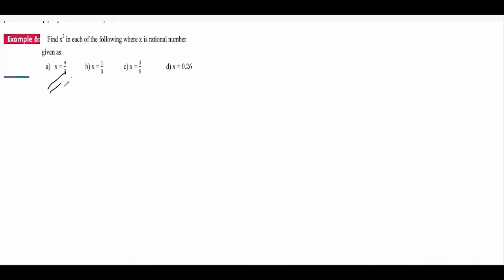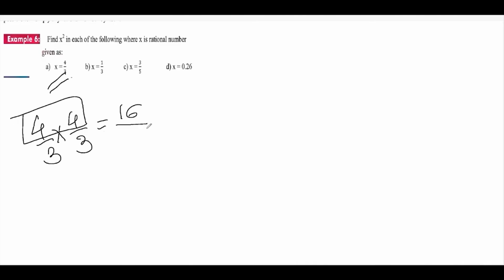We'll look at a few more examples. Say x equals 4 upon 3. So to find the square, multiply it with the same number. Numerator into numerator will give 16 and denominator into denominator gives us 9. In case of multiplication, you just have to multiply numerator with numerator and denominator with denominator.